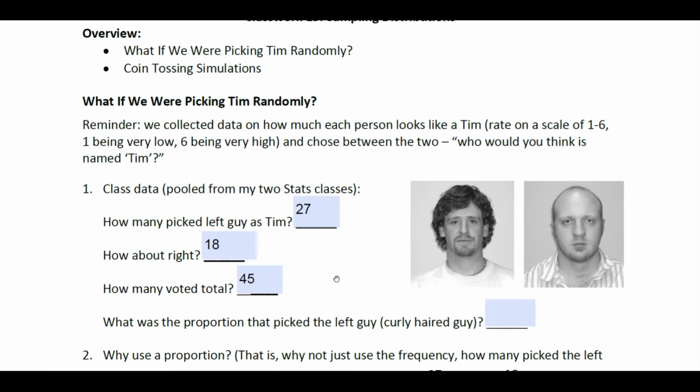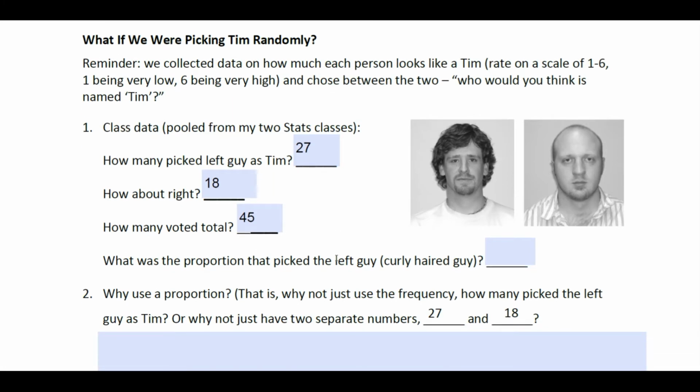Now, the next question, you may want to pause and see if you can answer this yourself before we move on. But what was the proportion that picked the left guy, the curly-haired guy? So how do we figure out a proportion is the question. The proportion would be the number of people who chose him out of the total number of people.